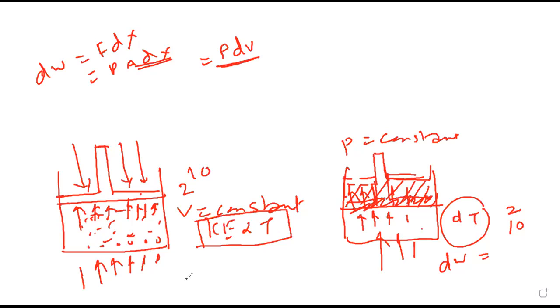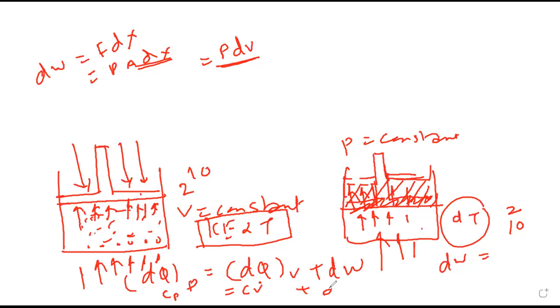So heat supplied at constant volume and heat supplied at constant pressure are not the same. The constant pressure one does two jobs. It takes the heat supplied at constant volume to increase the temperature, plus does the work. So if I consider 1 mole for 1 degree, then this is Cp, this is Cv, this is dW. So Cp is greater than Cv by the amount of work done.